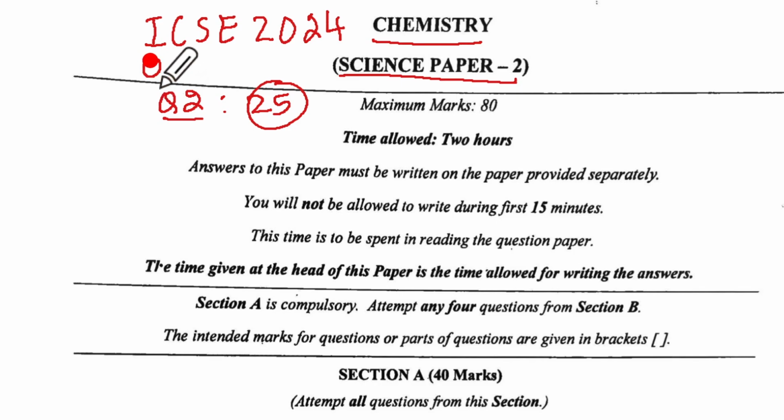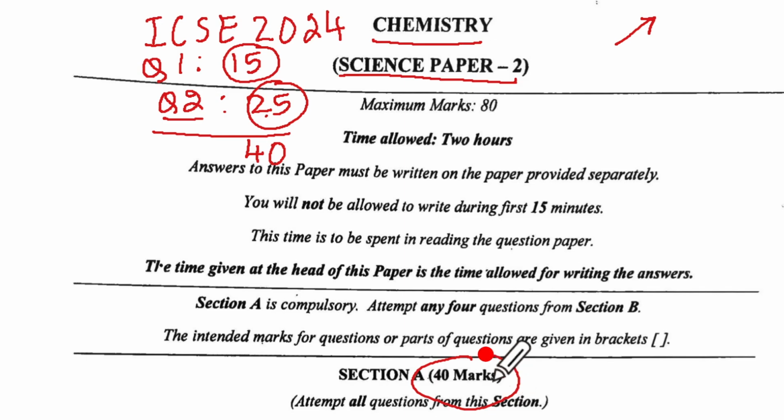Question 1, which was for 15 marks, has already been uploaded as another video. You will see the link of this somewhere here. So 15 and 25 total will be 40 marks of section A, and then we will go to section B and we will see how we have fared in our board examination.